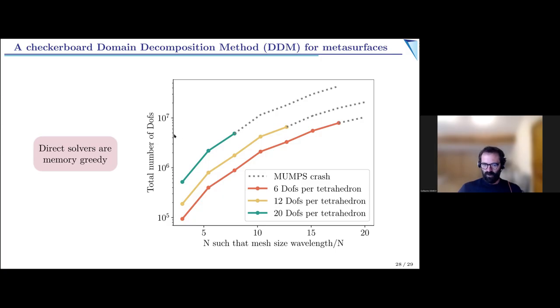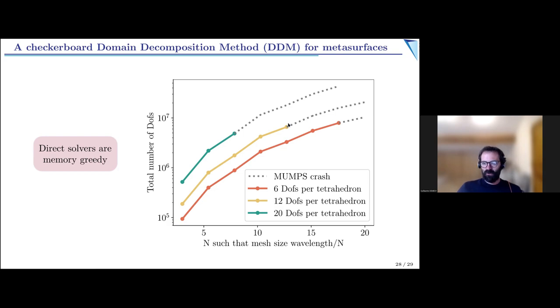But on the machine that I was working on at the time, this is 10 millions of unknowns, and you see that after maybe 7 millions of unknowns, independently of my finite element order scheme, MUMPS just crashes and it complains I don't have enough RAM memory.